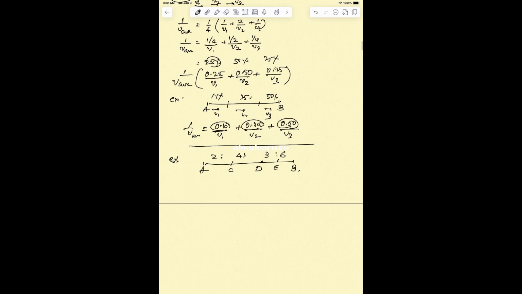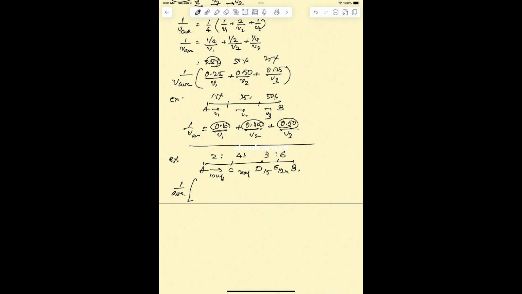It is traveling with the velocity 10 meters per second here, 20 meters per second here, 15 meters per second, then again 12 meters per second. This is the velocity. What is the average velocity?